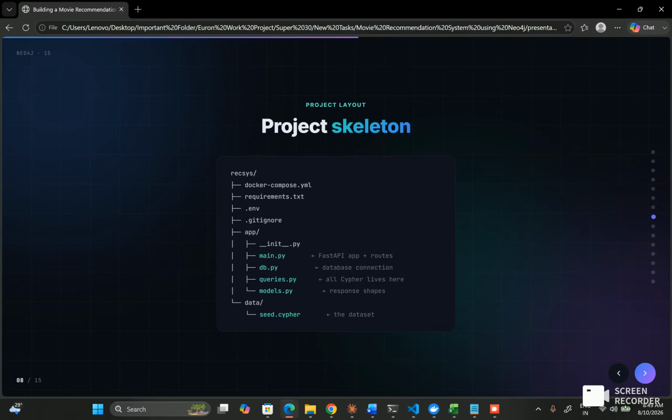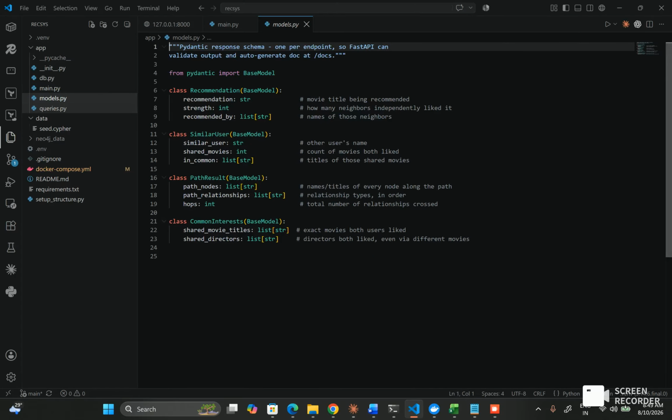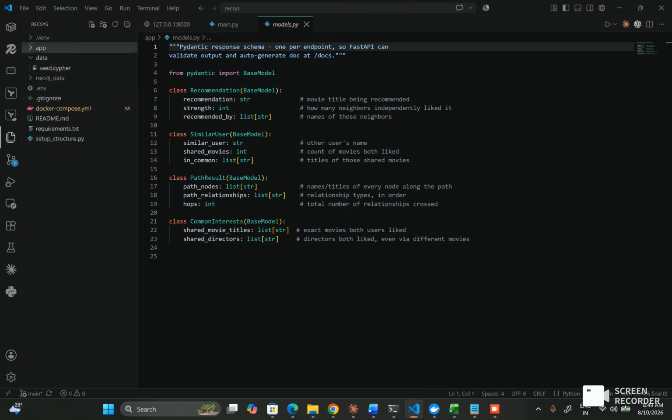Let me open the project folder for you first. This is the project folder. Four files inside app, right?